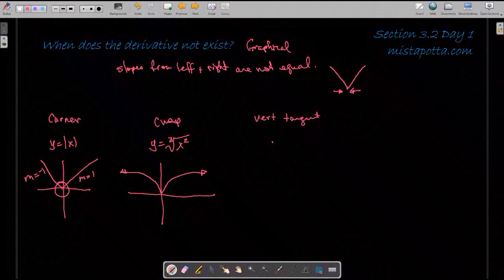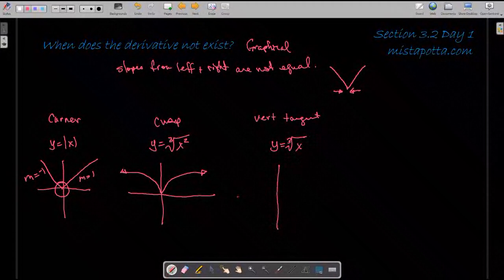Because if I'm dealing with a vertical tangent, say like the cubed root of x, this odd function has a situation where I've got this transition here and then here.